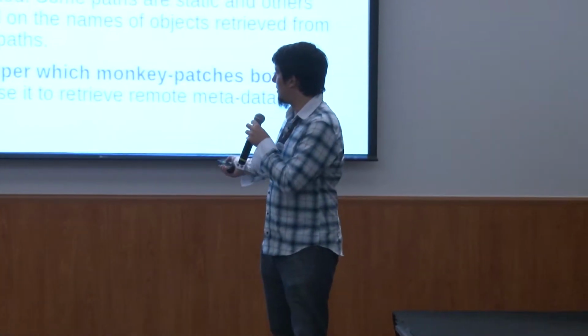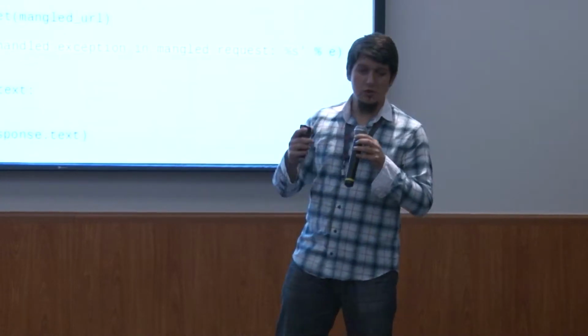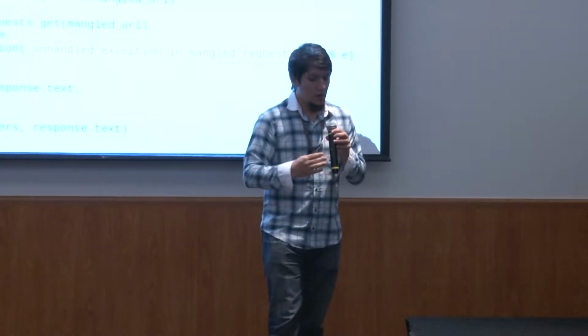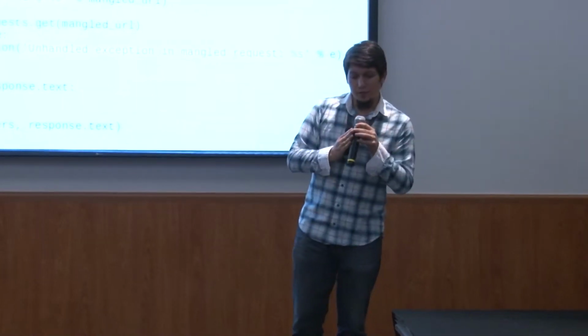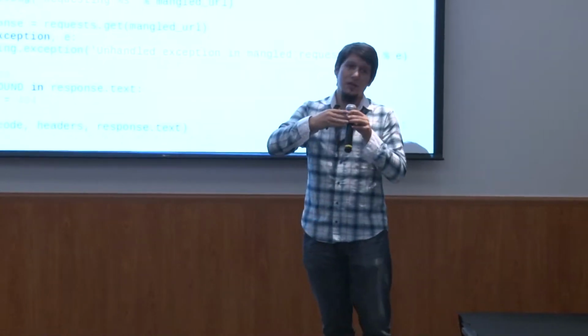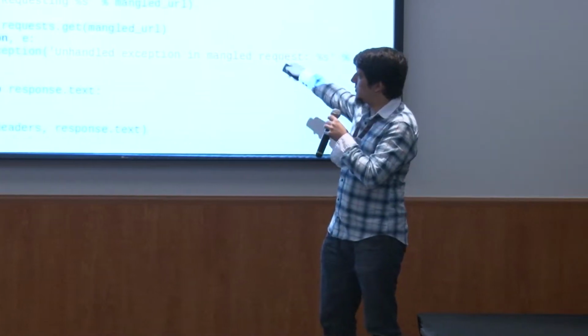I created a wrapper around Boto, which is going to capture all of those HTTP requests which are made to the metadata, and instead of performing them locally, they are going to be sent through the vulnerability. So let me explain here.